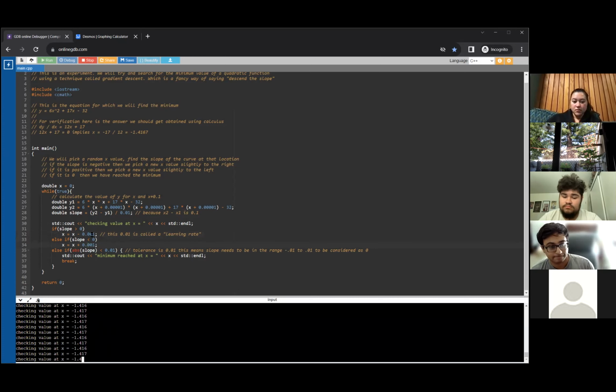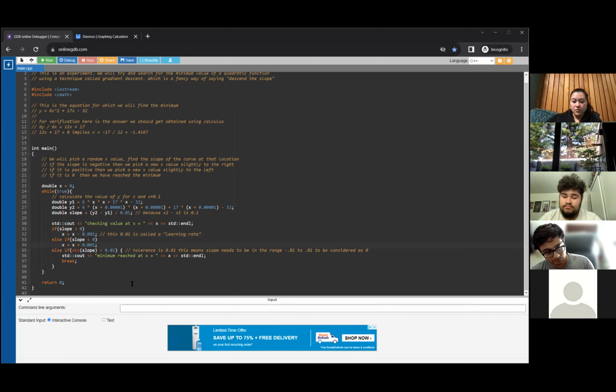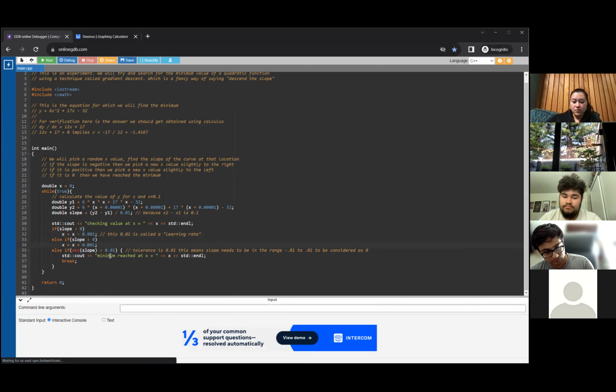It's fine there or at the other value, but right here it's not breaking. It's not giving true for this. Oh, I don't think the slope will ever be less than that when it's divided by 0.01.